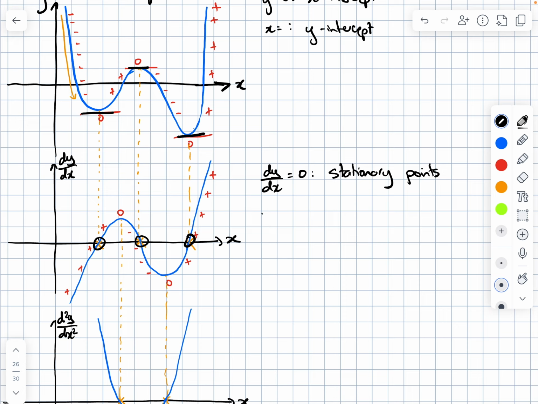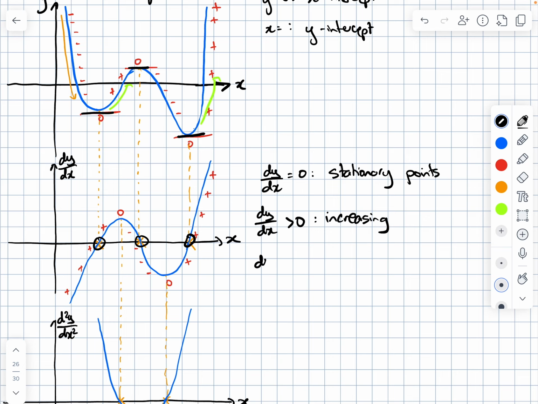When dy dx is greater than 0, which is when the dy dx graph is above the x-axis, well, that's when the graph is said to be increasing, because we are going uphill. So we're going to use the word increasing.